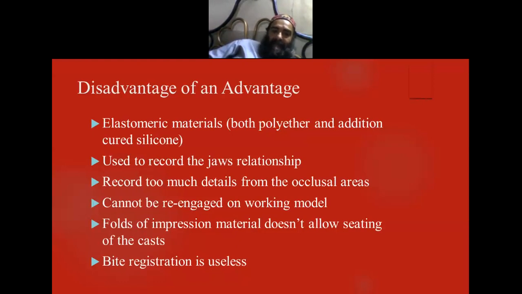The too much detailed recording cannot be re-engaged on working models. In mouth, it is possible, but on working model, it is not possible to re-engage the occlusal surfaces.